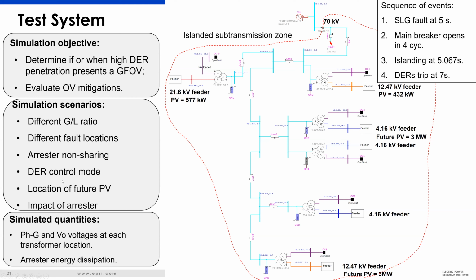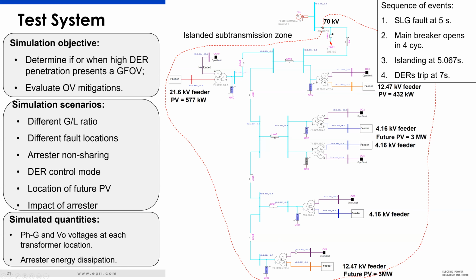And we studied various simulation scenarios. We started from 0 GL ratio, basically with no PVs, and went up to 200% in the GL ratios. And we recorded the overvoltage and also the location of the fault. So the base case has the fault close to the main breaker, but we also moved the fault around the network to see the impact on overvoltage.